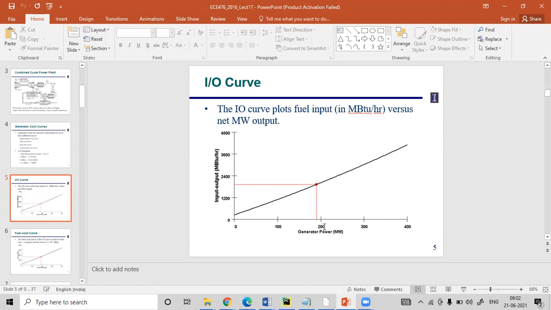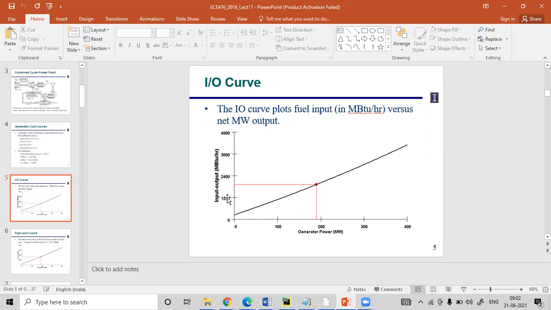Now you can see this is the input output curve. This is the x-axis, the generated power in terms of megawatt, and this y-axis is the input, in terms of MBTU per hour.